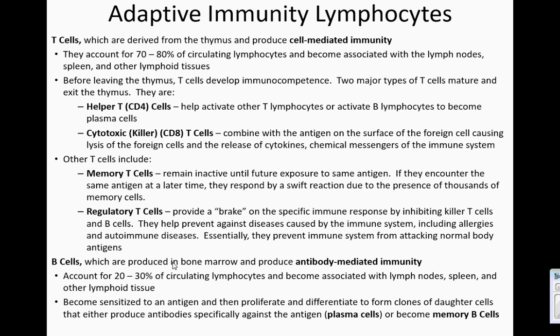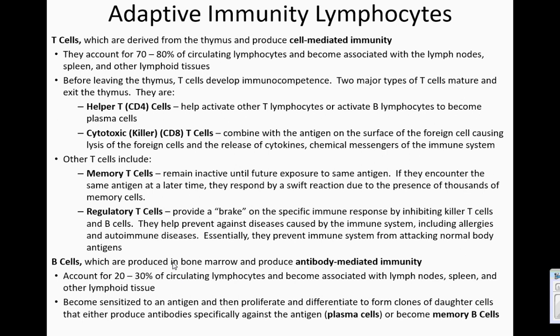Cytotoxic or killer T cells combine with the antigen on the surface of the foreign cell, causing lysis of the foreign cells and release of cytokines, the chemical messengers that we've been talking about. Lysis means to break down, so they help to break down those foreign cells. Other T cells include memory Ts and regulatory Ts. Memory Ts remain inactive until future exposure to the same antigen.